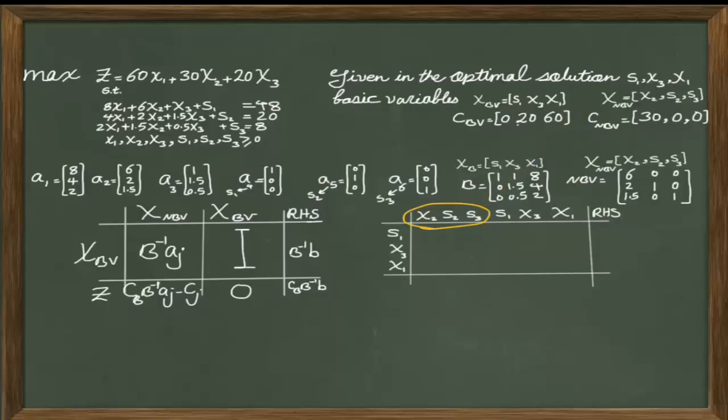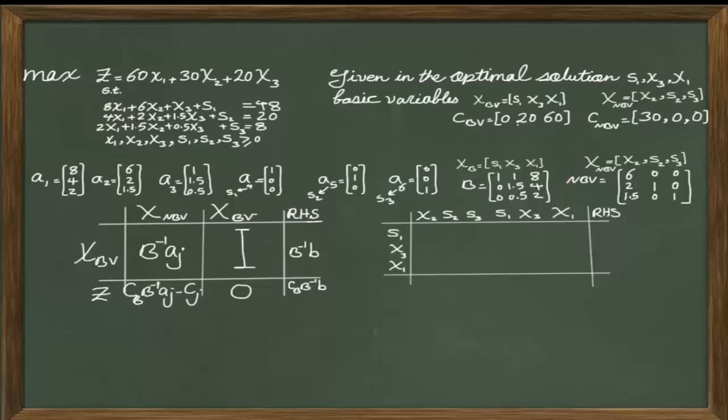So I just copy them with the same order. Here, only for this part, it doesn't matter what order you choose, but I want to keep everything consistent, so I follow the same order as our XNBV as well as the left hand side formulas. Now I have to put the XBV, which is this set of decision variables, S1, X3, and X1.